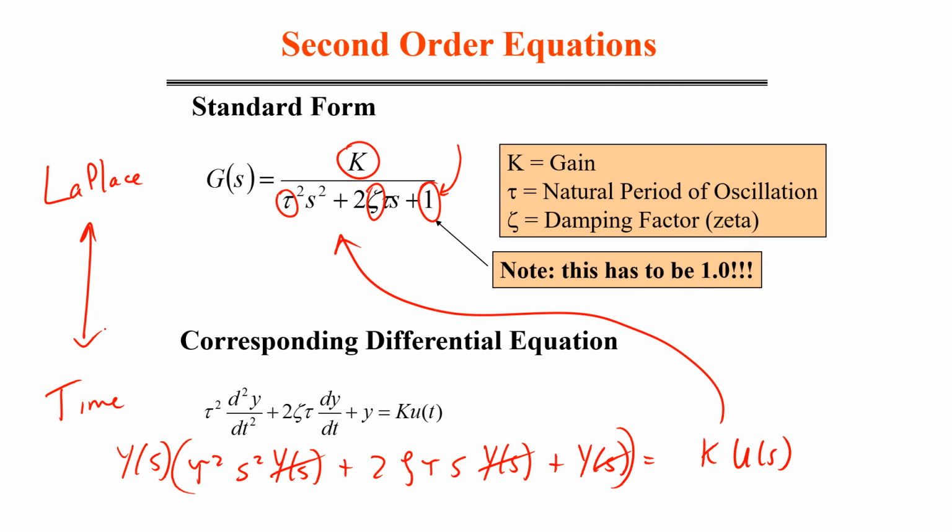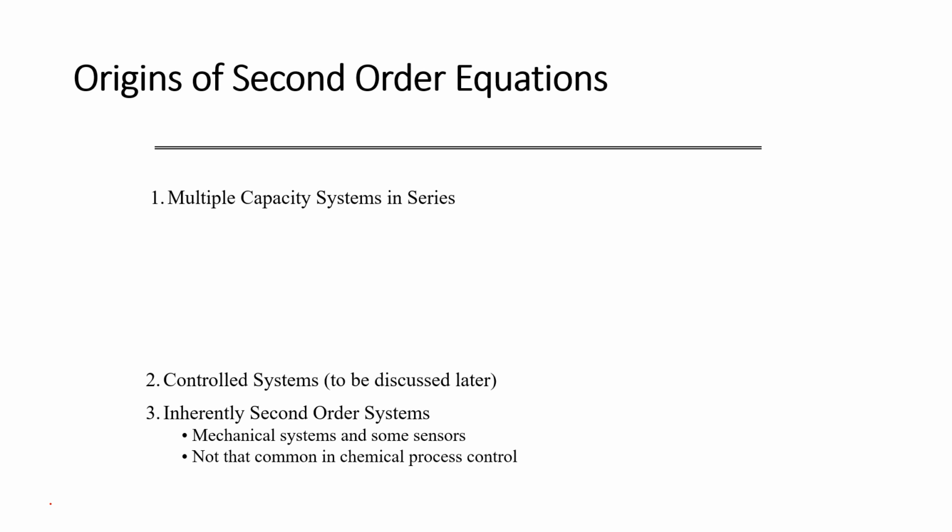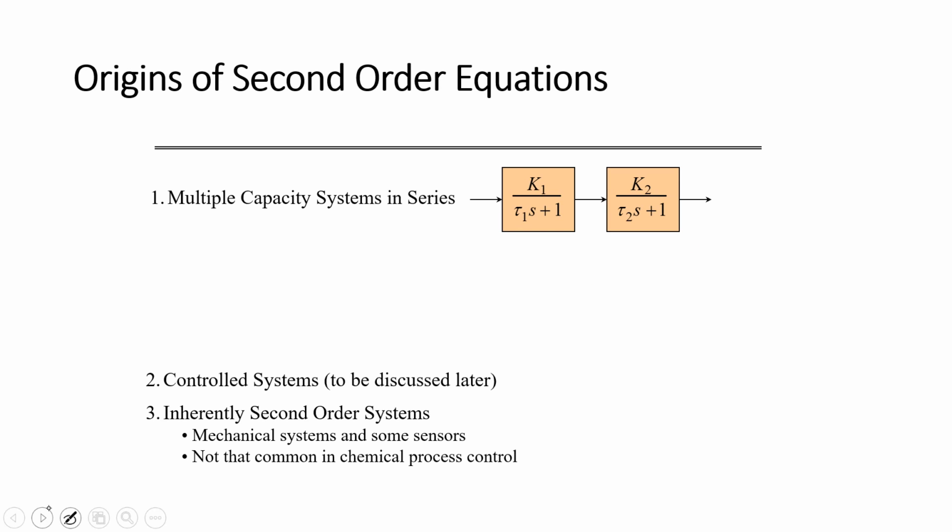Okay, and then we can also derive this by multiple capacity systems in series, multiple first order systems in series. So if I have something like this, you'll recognize these as first order systems.